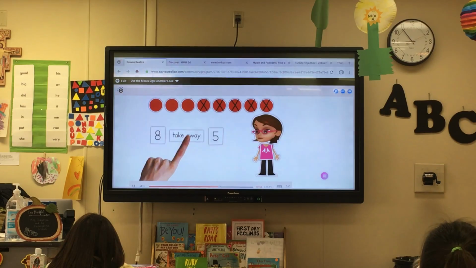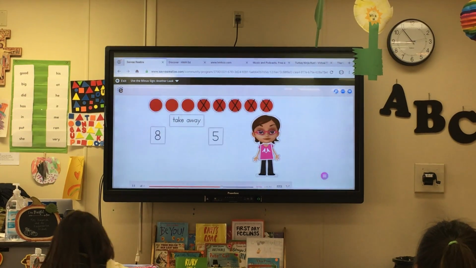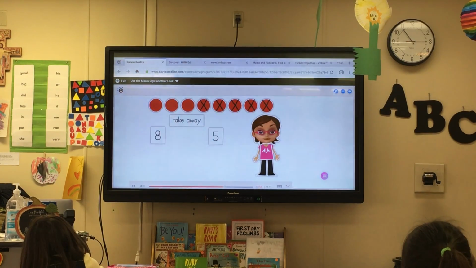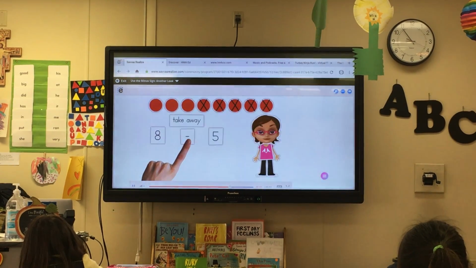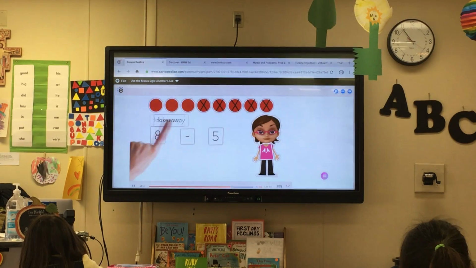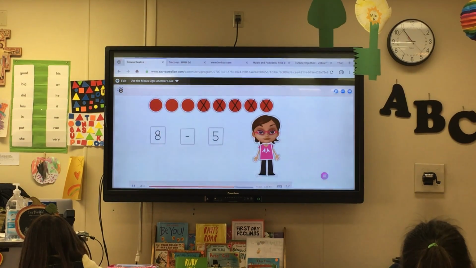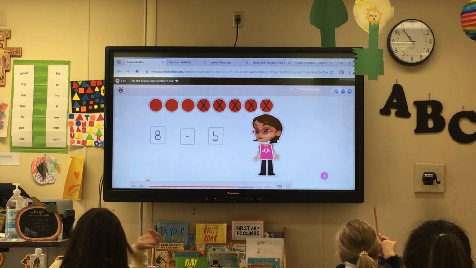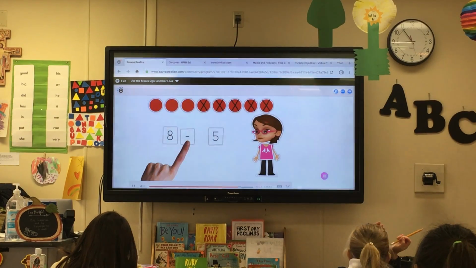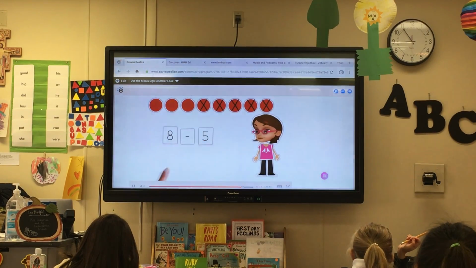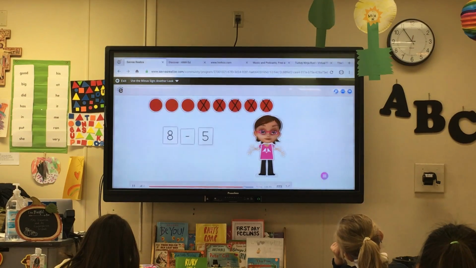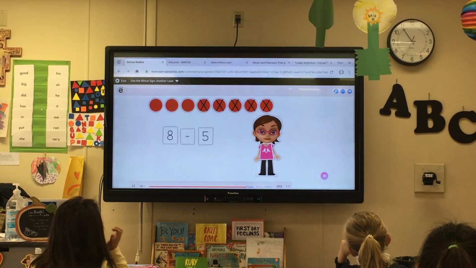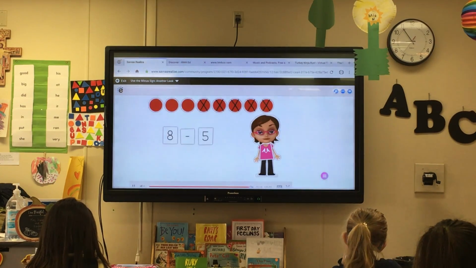Yes, take away means subtract. But we can also use a math symbol called a minus sign to say subtract. A minus sign is much easier to write than take away. Instead of saying 8 take away 5, we say 8 minus 5. Minus means take away. That's right. The minus sign means take away.